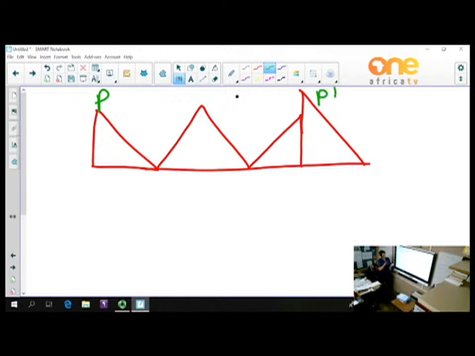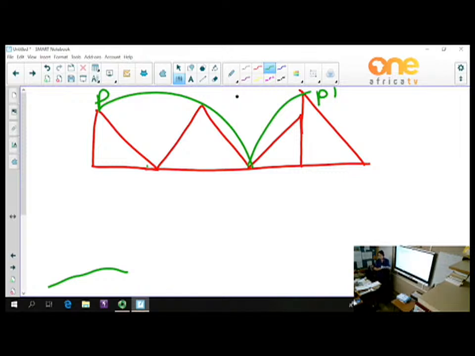So, what will be the locus of P? If you take your compasses and you put it here, and it moves from that P, then it will go there, and then it goes up. So your locus will look something like this. That would be the locus of that point.